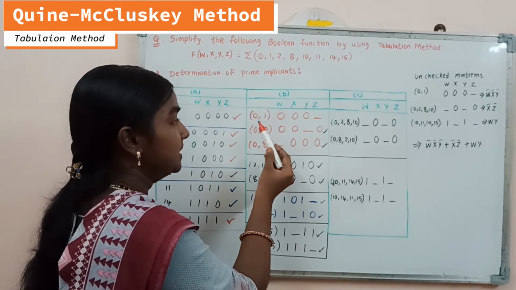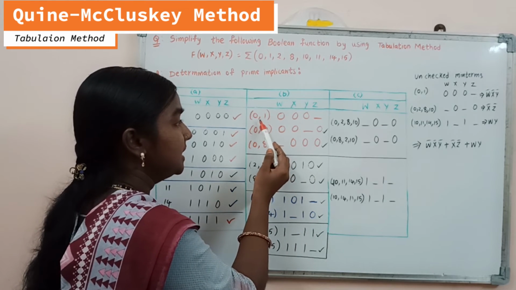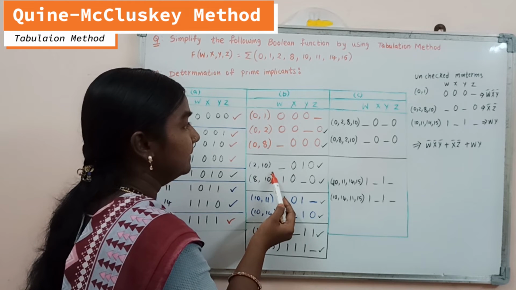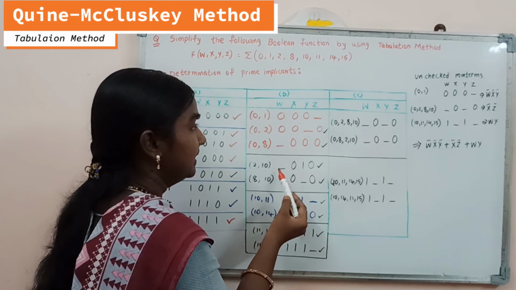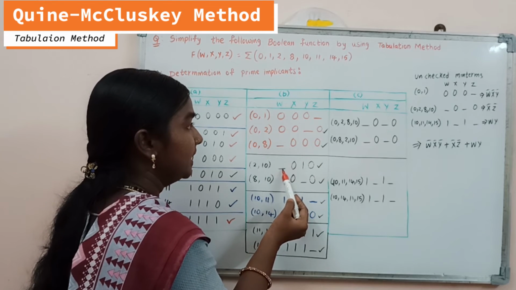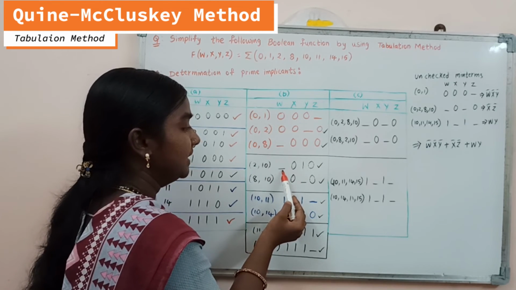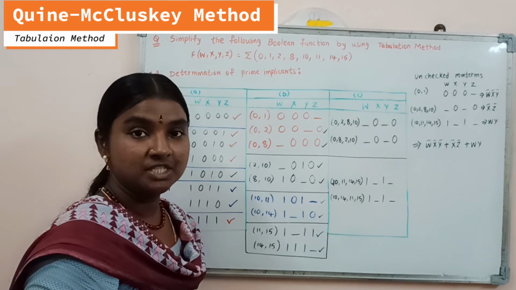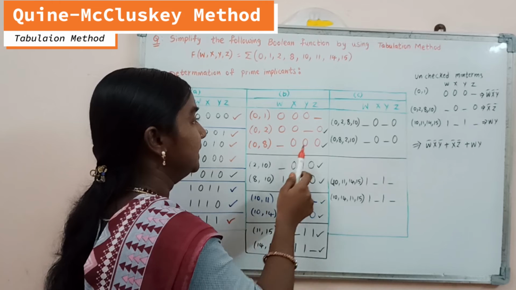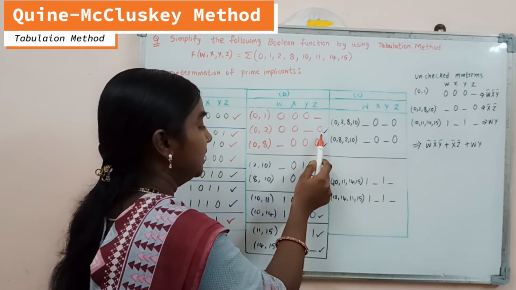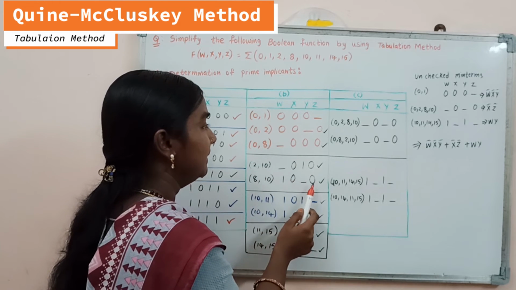Now if we observe, we need to compare 0, 1 with 2 and 10. Here the Z variable has a dash, and in the other combination the W variable has a dash. So the comparison is not possible in this case. Then we move to the 0, 2 minterm binary combination and the 8, 10 minterm combination.